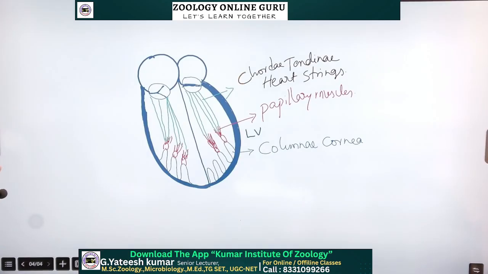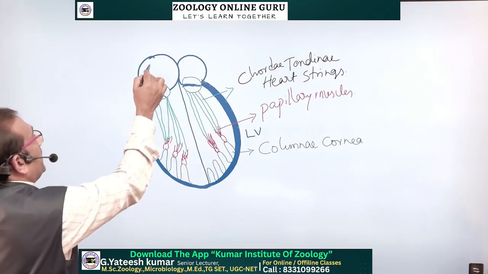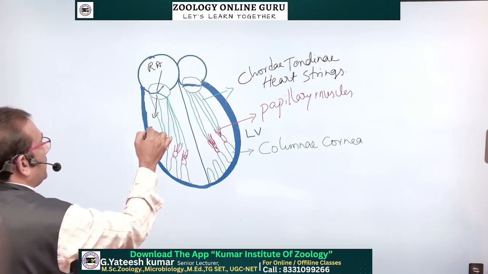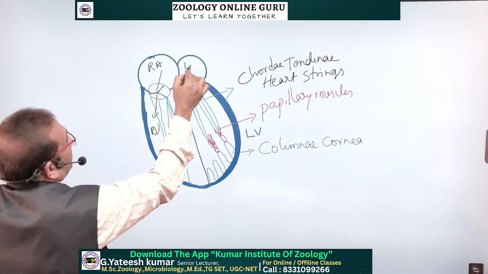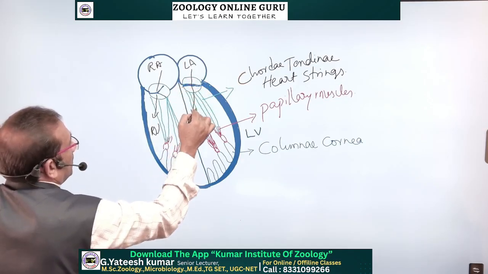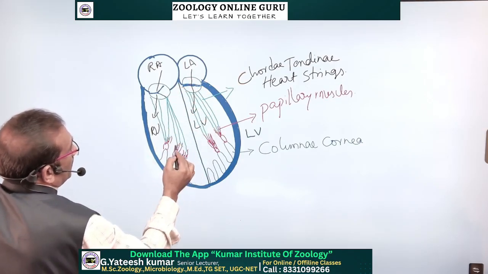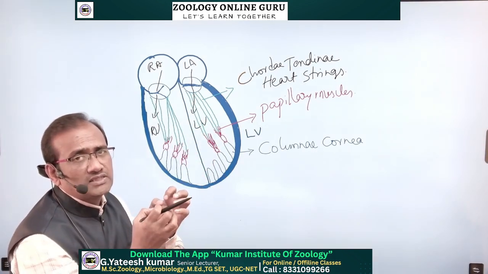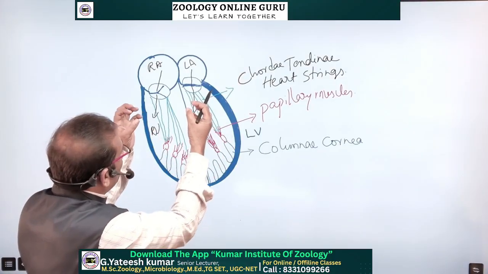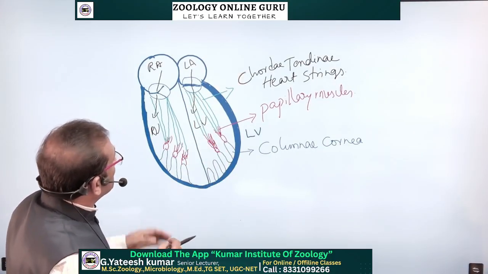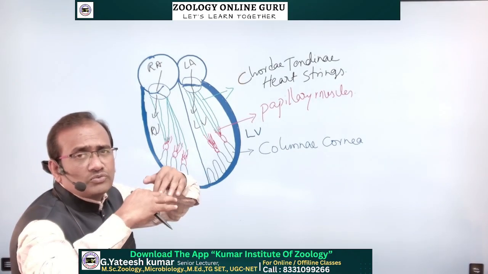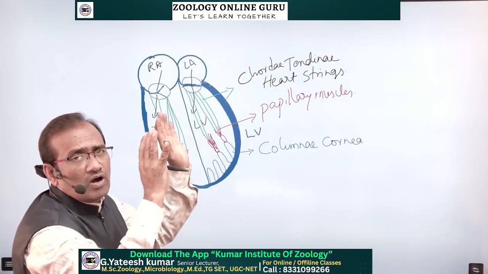What is the use of these papillary muscles and the chordae tendineae? Whenever the blood from the right atria enters into the right ventricle, and the blood from the left atria enters into the left ventricle, these papillary muscles contract and the blood enters into their respective ventricles, means the valves open, and when they come to relaxation, the valves close.